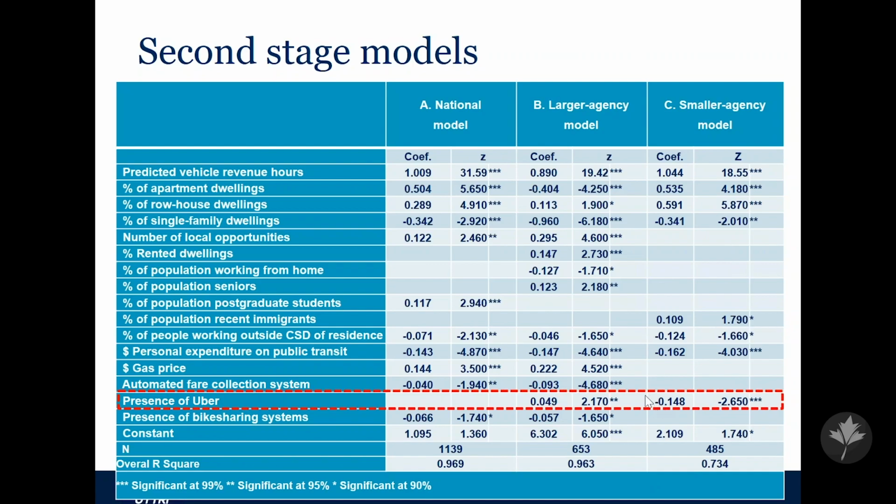Whereas for smaller agencies, this dummy variable was shown to be negative. In other words, when Uber was introduced in those localities, we saw a reduction in ridership, all else being equal, which is an interesting result, perhaps speaking about the complementarity of Uber, maybe being used as a first mile, last mile method to access public transit, whereas in smaller agencies it might actually be used as a substitution for transit, especially in areas which are not very well served by public transit.